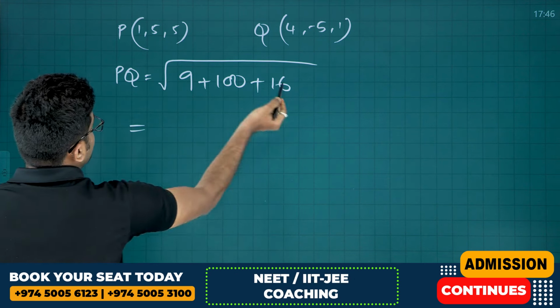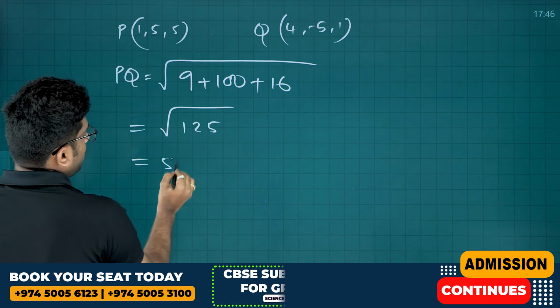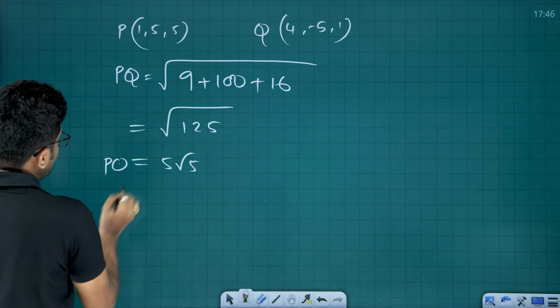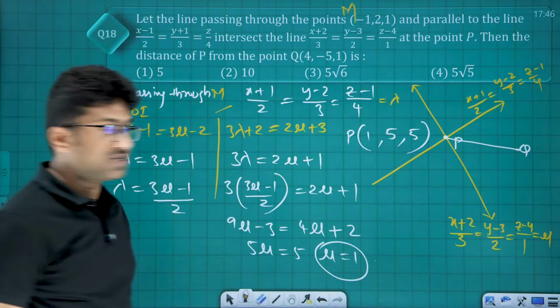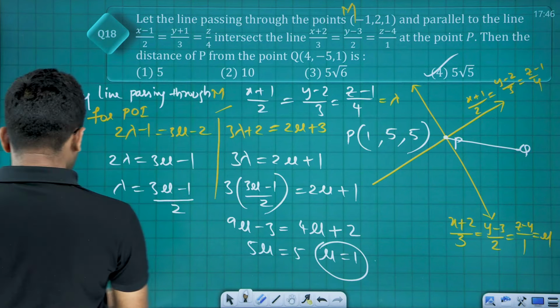So 9 plus 16 is 25, and 25 plus 100 is under root 125, and root 125 is 5 root 5. So PQ is equal to 5 root 5, friends, which is option 4. Clear? Coming to the next question.